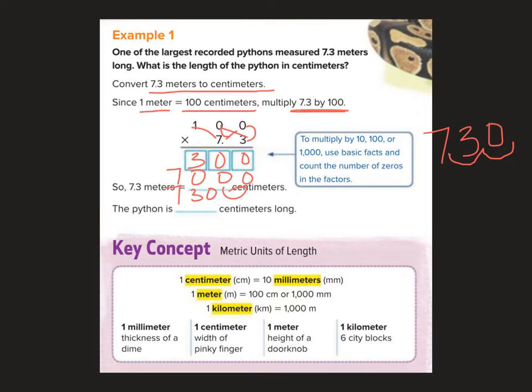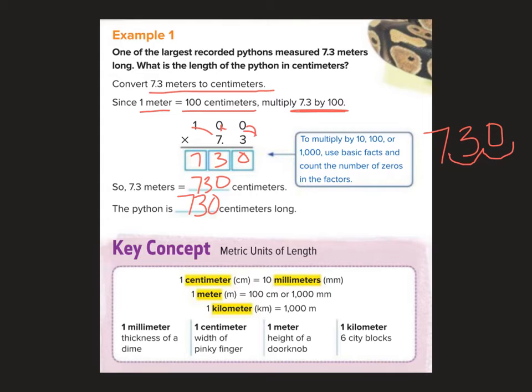I should have lined those up. I have 1 spot to the right of the decimal. Bring 1 back. 730. So 730 is how many centimeters are in 7.3 meters. A python is 730 centimeters long.